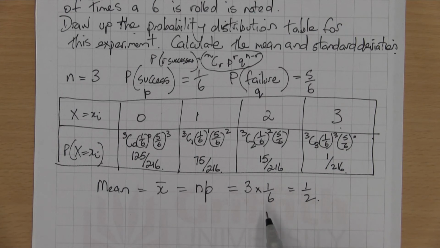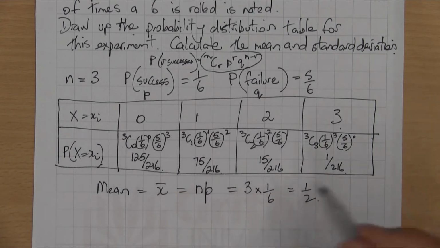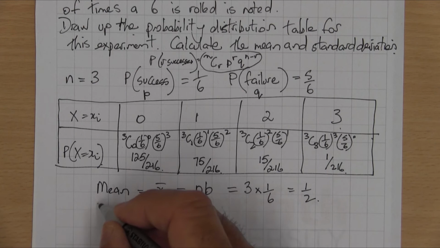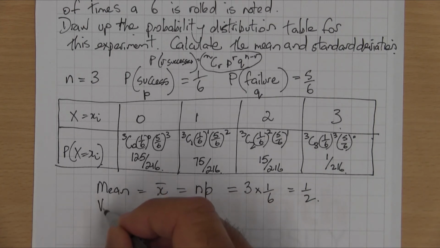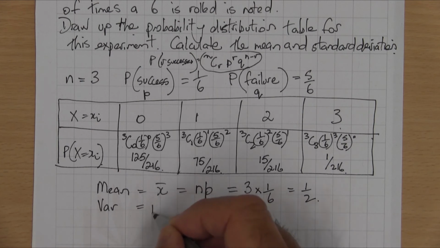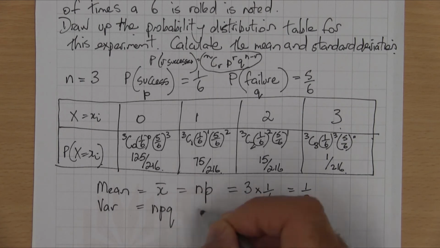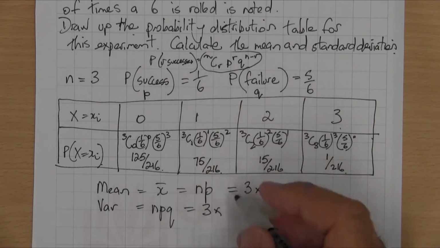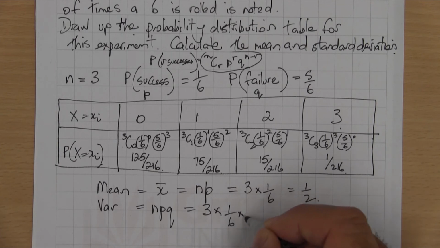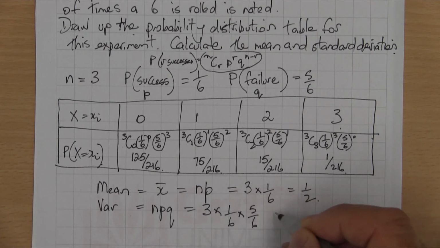The variance is equal to npq, which is equal to 3 times p, the probability of success, 1 on 6, times the probability of failure, which is 5 on 6.